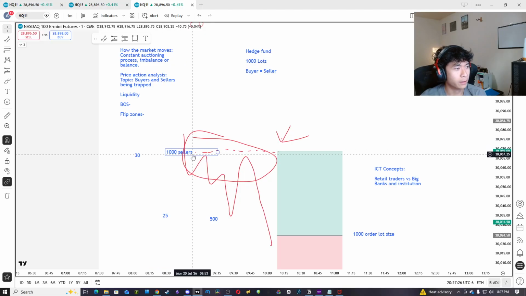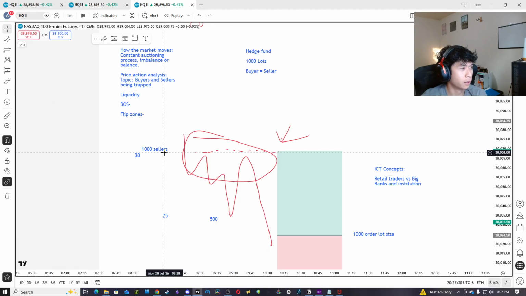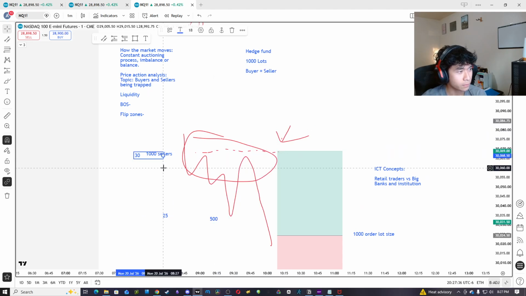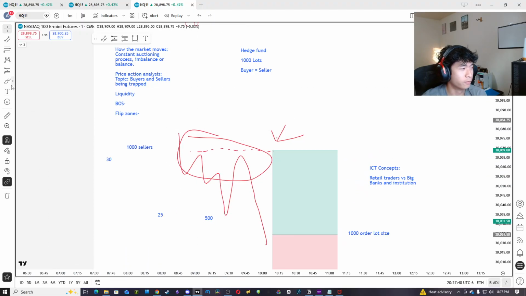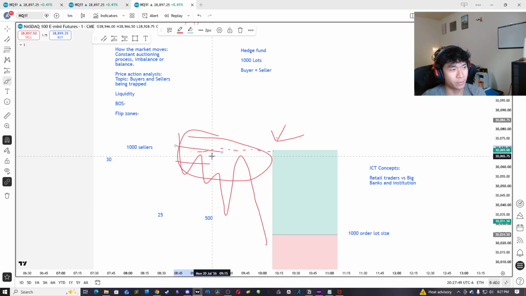additionally, the reason why there's 1,000 sellers here is because let's say price makes a pattern, and for whatever reason these guys are thinking, oh, it's a trending move down, and then a fair value gap gets created, and that's like their entry model, right?